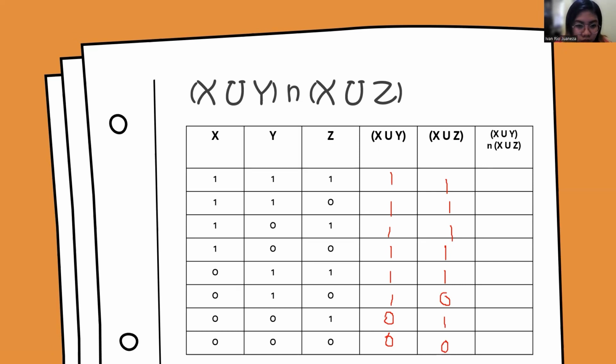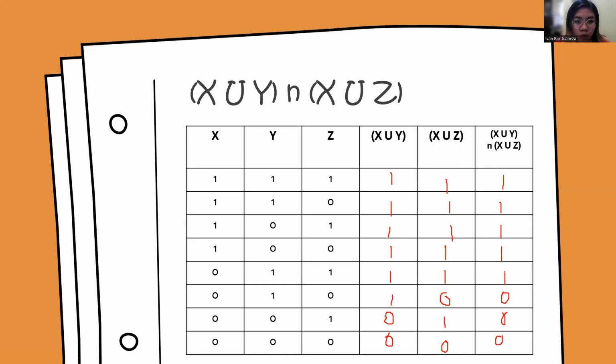Let's check if this is correct. Okay. Then for (X union Y) intersect (X union Z), 1, 1, this one, then 0, 0, 0. Okay.